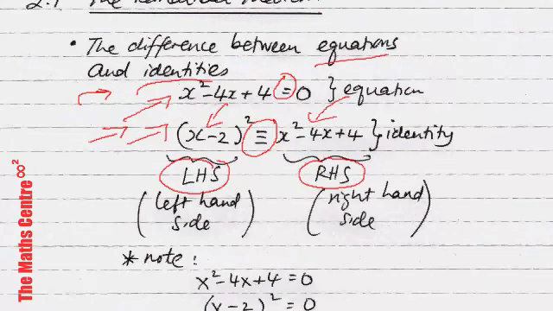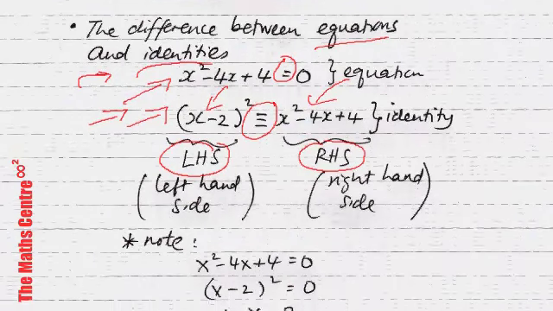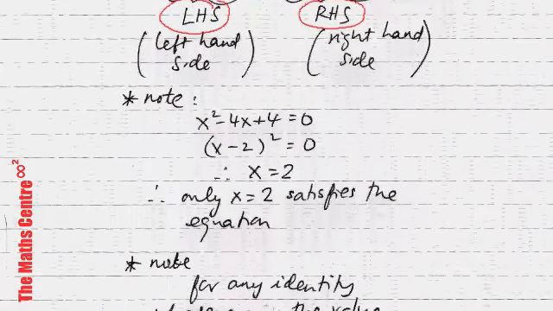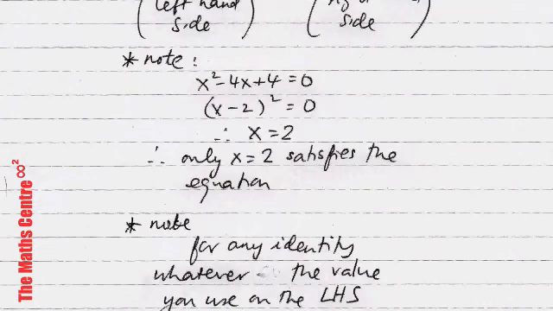Now, if we look at the equation x squared minus 4x plus 4 equal to 0, we can go ahead and factorize this, and it becomes x minus 2 whole thing squared equal to 0, and you'll find x equals to 2, and this value satisfies the equation.